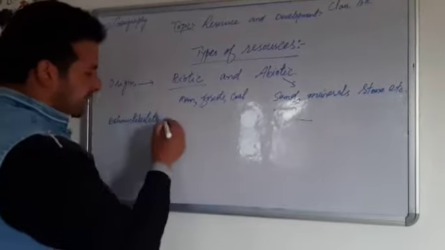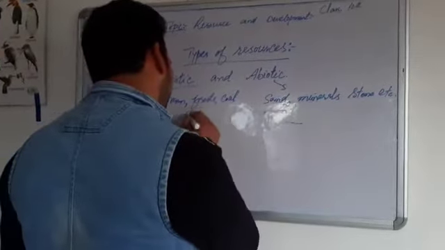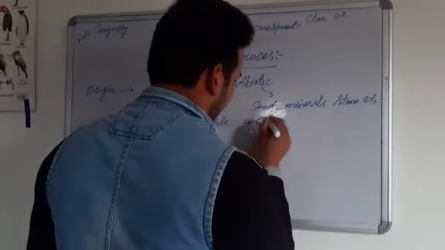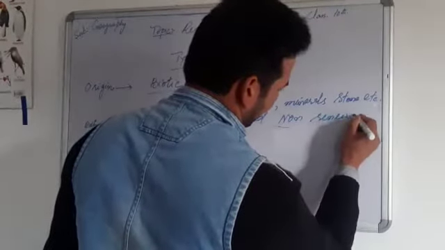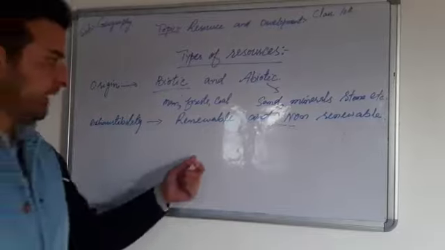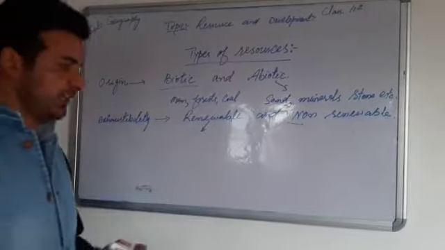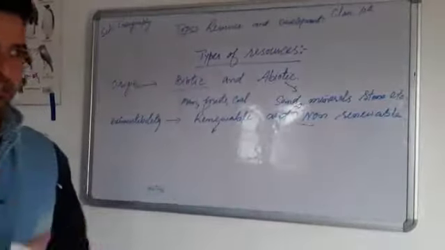On the basis of exhaustibility, resources can be divided into two, that is renewable and non-renewable resources. Renewable resources are those resources which get renewed within a shorter period of time, which get renewed continuously.